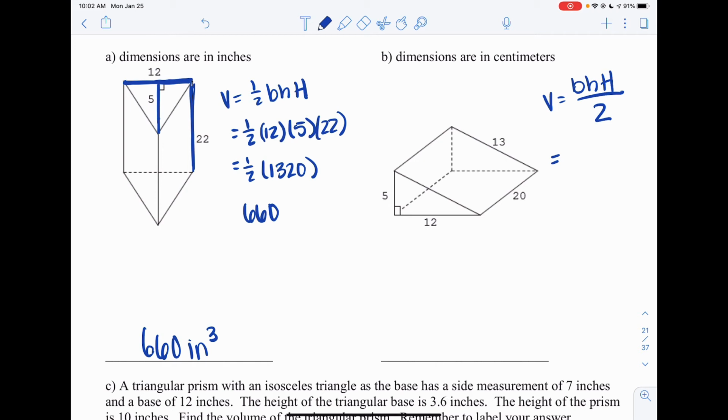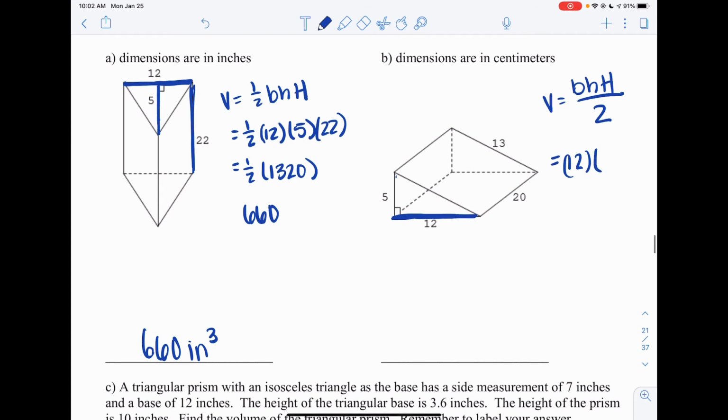Next step is going to be substitution. I look at my right triangle first, and the base right here, remember it's a leg, is 12. The other leg, which is the height of the right triangle, is 5. And then the height of the actual prism right there is 20, divided by 2.